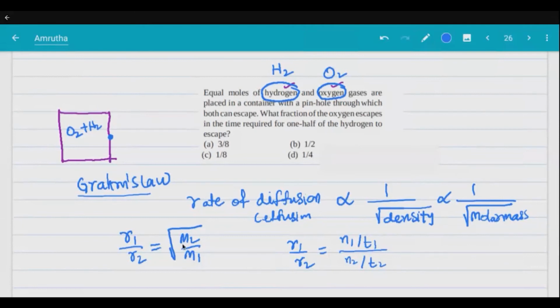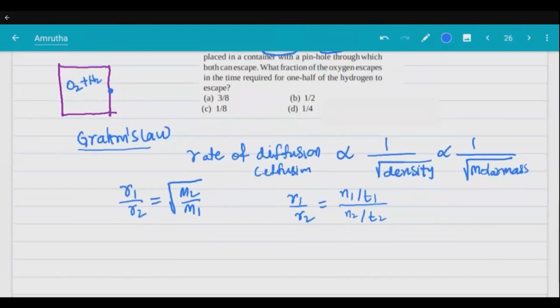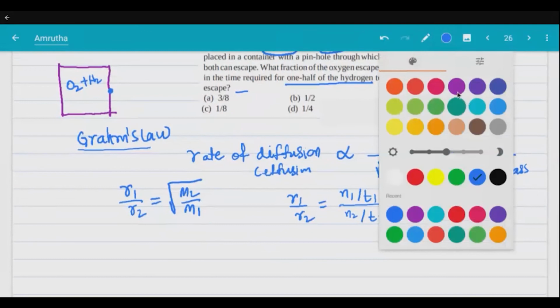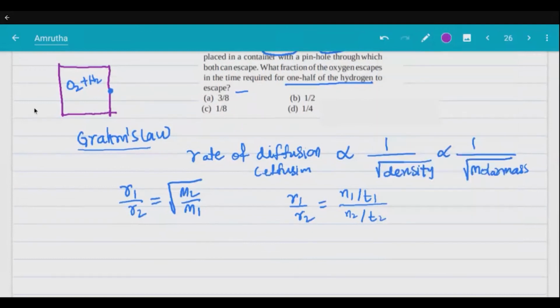Okay, so this way you can write formulas, but the question, see this: 1/2 of hydrogen to escape. First gas I'm taking oxygen, 1 is oxygen, 2 is hydrogen. So R1 by R2 is how much? Let us first solve this. First gas is oxygen, molar mass 32, hydrogen 2.